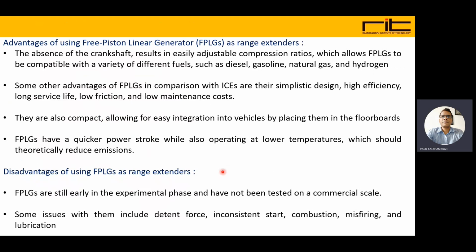Advantages of using a free piston linear generator as a range extender. The absence of a crankshaft results in easily adjustable compression ratios, which allows the free piston linear generator to be compatible with a variety of different fuels such as diesel, gasoline, natural gas, and hydrogen.